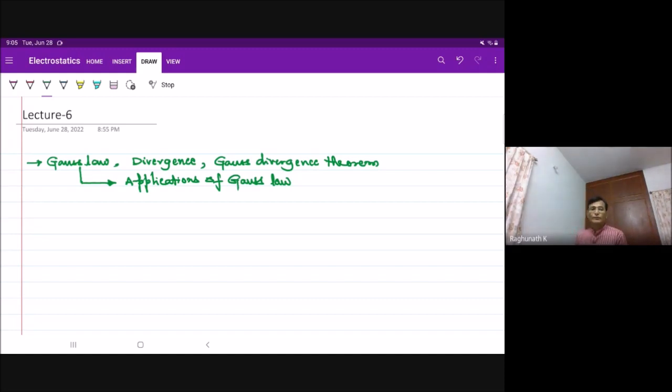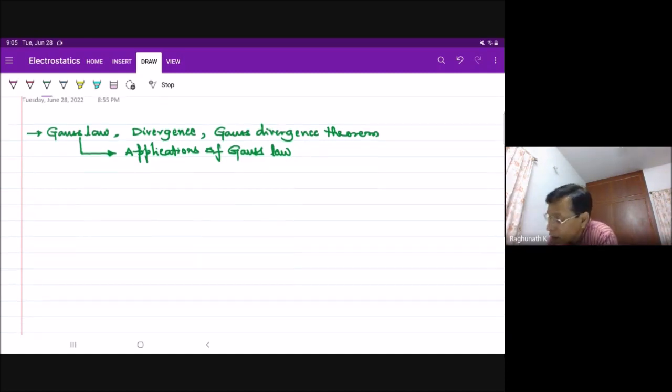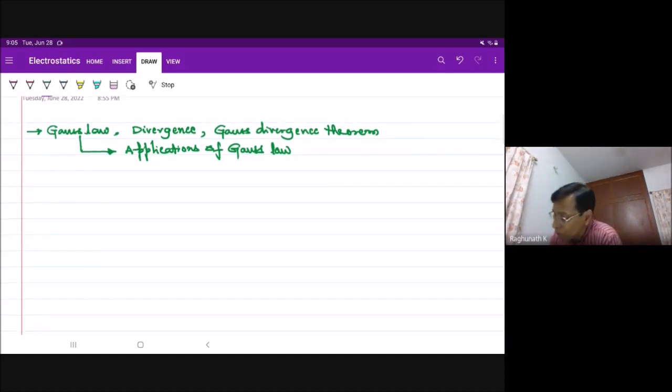Please check it now. We stated Gauss law for the flux density, displacement flux density, D bar. It's a vector, having the unit of Coulomb per meter squared.